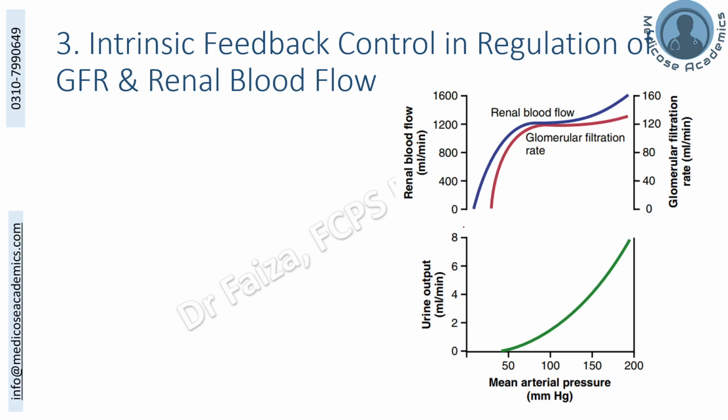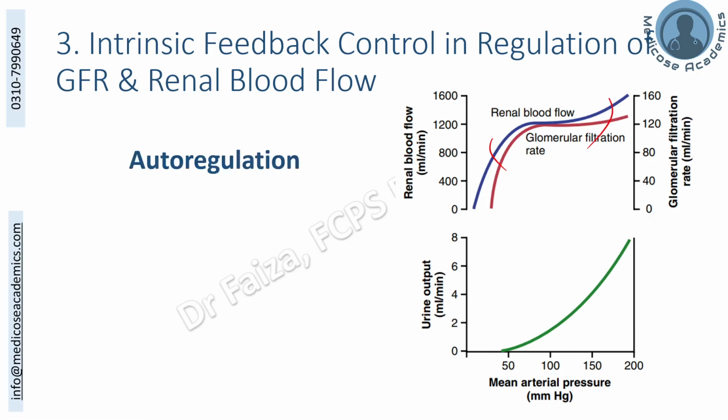If you look at this image, two graphs, on the bottom one you can see on the x-axis there is an increase in the mean arterial pressure from 50 to 200 millimeters of mercury. But despite this huge variation in the mean arterial pressure, you can see the renal blood flow and the glomerular filtration rate were kept constant at a plateau for quite a large range.